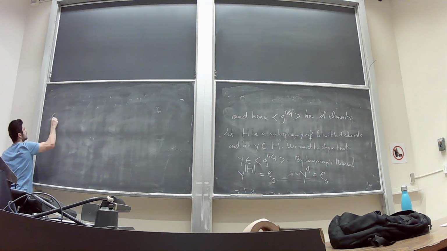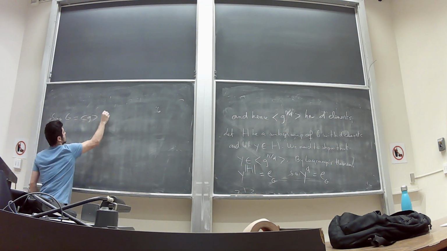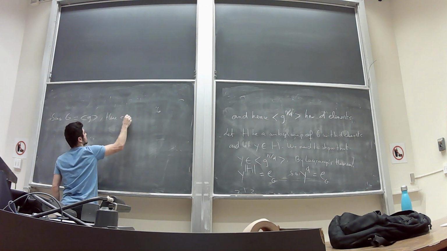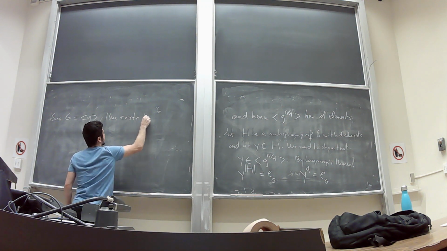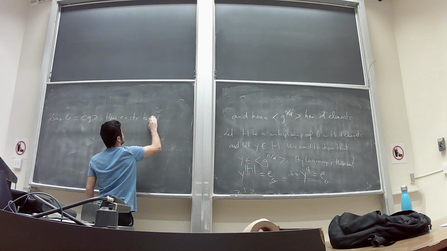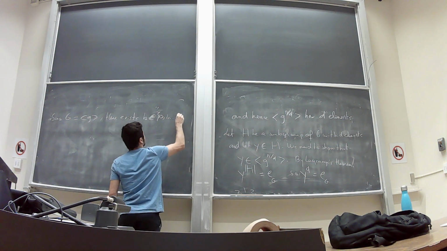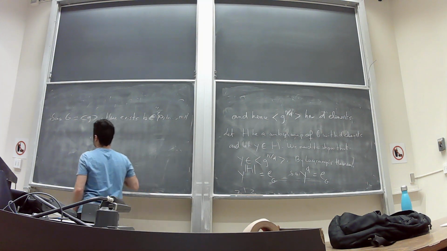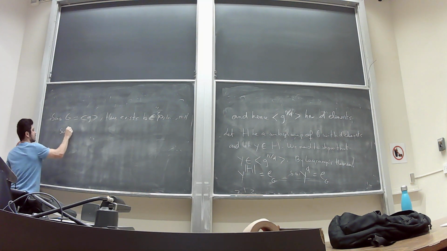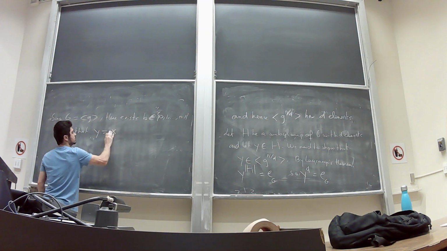Now, since G is cyclic, there exists k, let's say 0, 1, up to n minus 1, such that y is equal to g to the k.